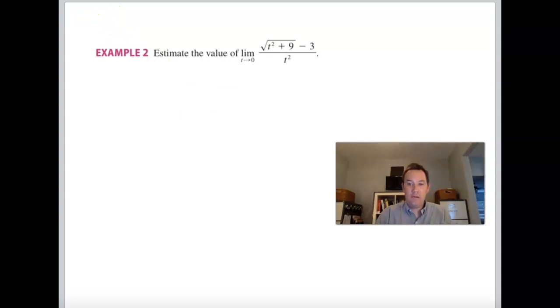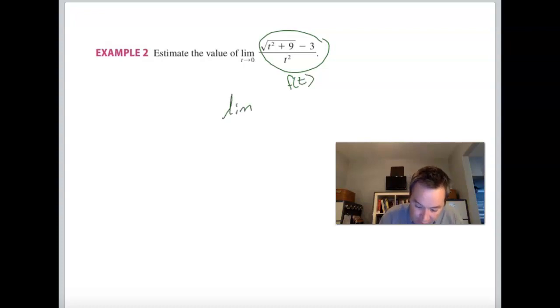All right, for the second one, we have another kind of ugly function. But we're going to approach it the same way, and it's still important to remember the same thing. So I'm going to reference this as f of t.